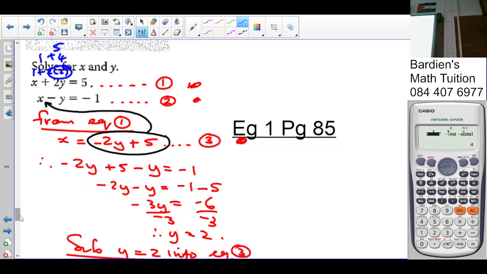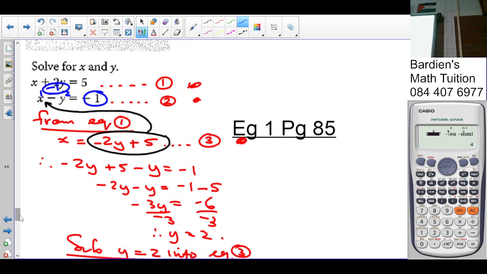You see it works? Let's see on equation 2. x is 1 minus y is 2. What's 1 minus 2? Negative 1. The left hand side is equal to the right hand side. And that is a way to check if this is correct.